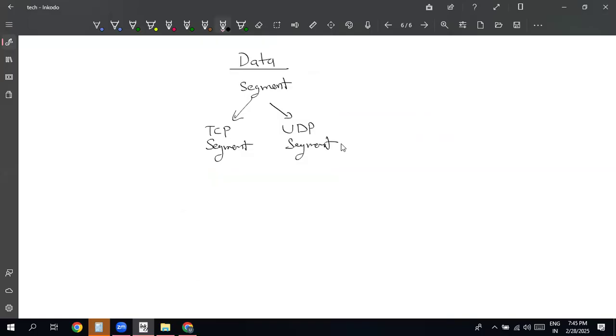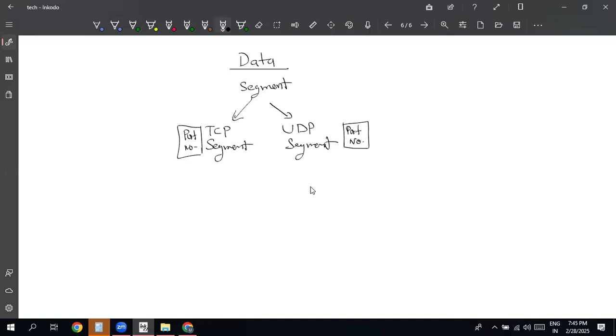Applications using TCP or UDP will contain a port number within this particular segment. The port number specifically identifies which particular application has to go through what door. So port numbers are kind of a door that lets applications pass from the transport layer towards the network layer.